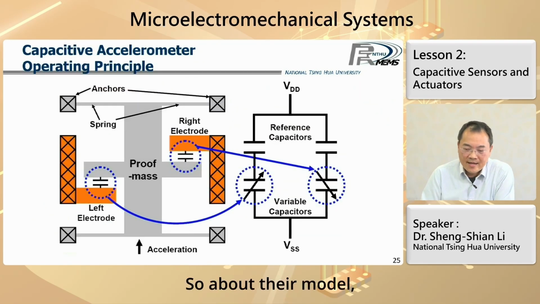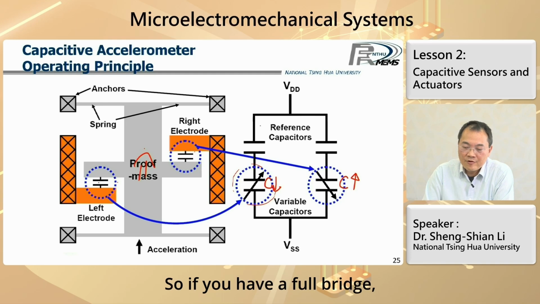About their model, you can treat these two capacitances as variable capacitors. When your proof mass goes up, one gap goes up, so C goes down. The other gap goes down, so C goes up.